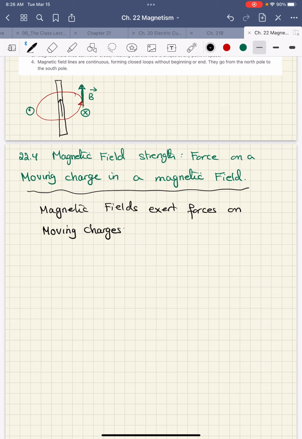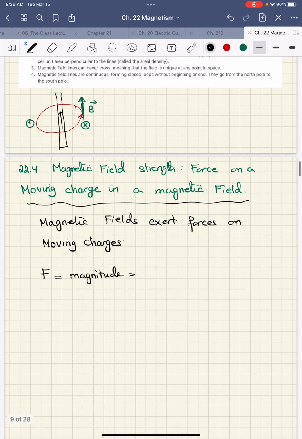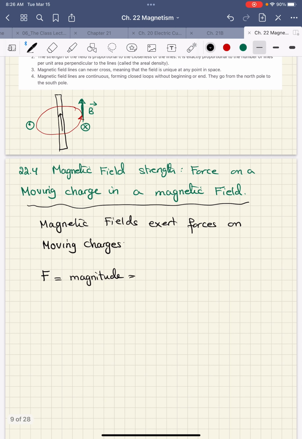Now the magnitude of the force can be calculated as the charge Q times V times B times sine theta. Q is the charge in coulombs. V is the velocity in meters per second.